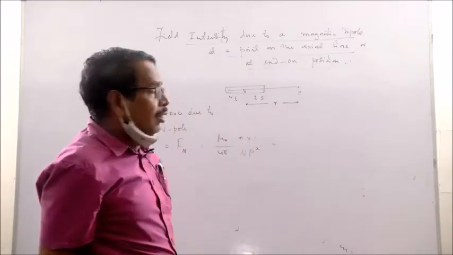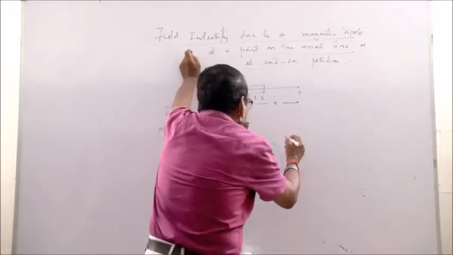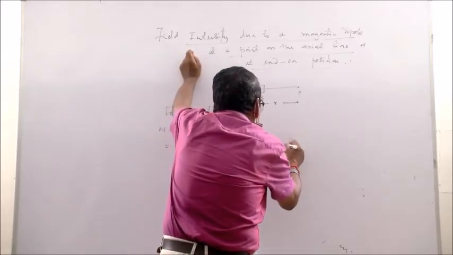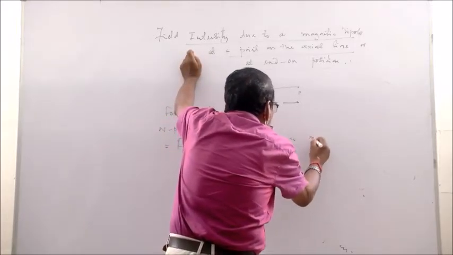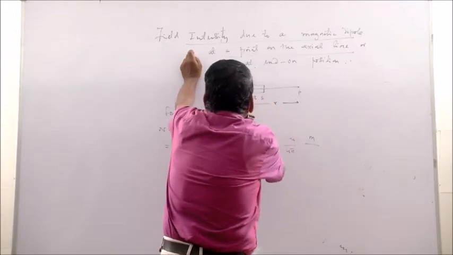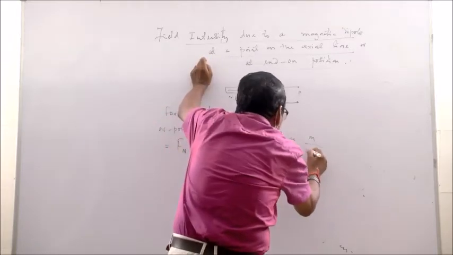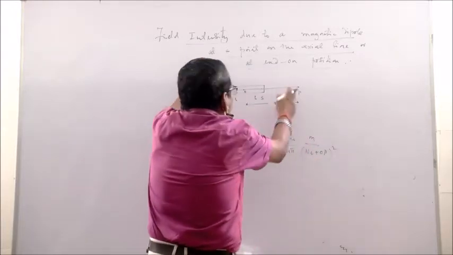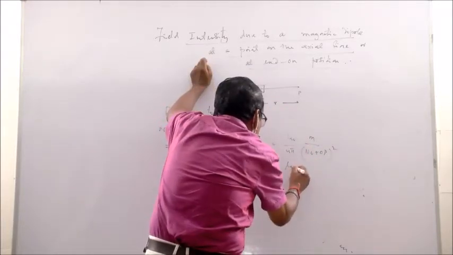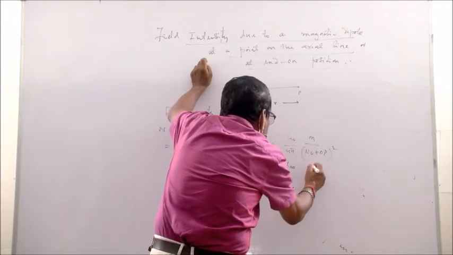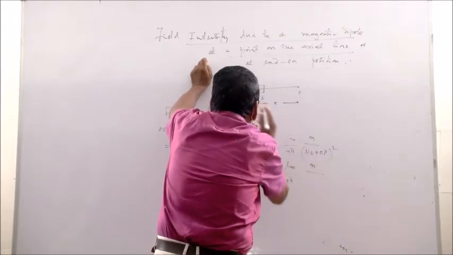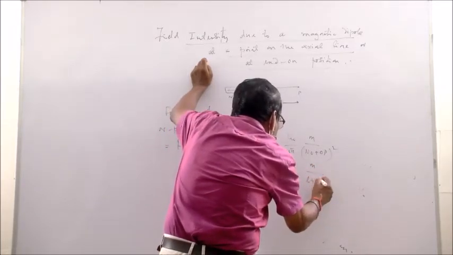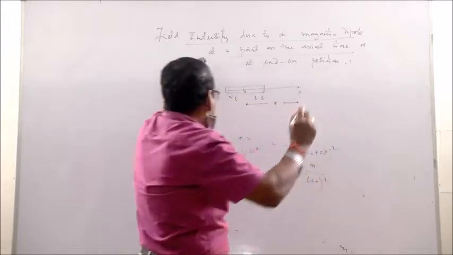So this is equal to mu 0 by 4 pi m by NP squared. What is NP? NO plus OP, squared. So this is mu 0 by 4 pi m by L plus r whole squared.